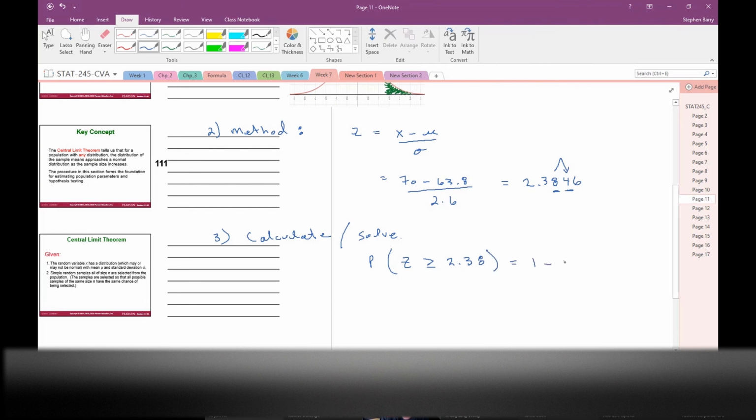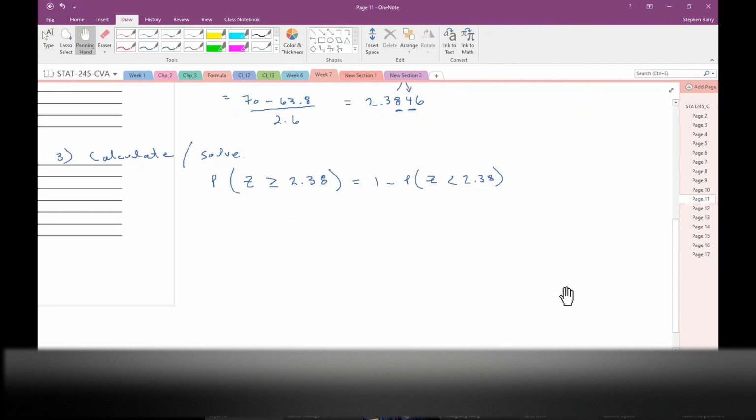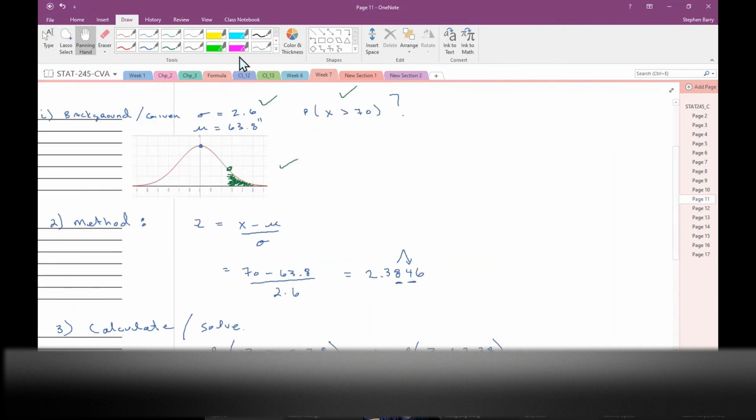But we have to go 1 minus the probability that it's less than 2.38. Because again, that's what our chart gives us, right? It gives us everything to the left. This is why I want you to draw that down, because when you look up 2.38, you're going to get this value.